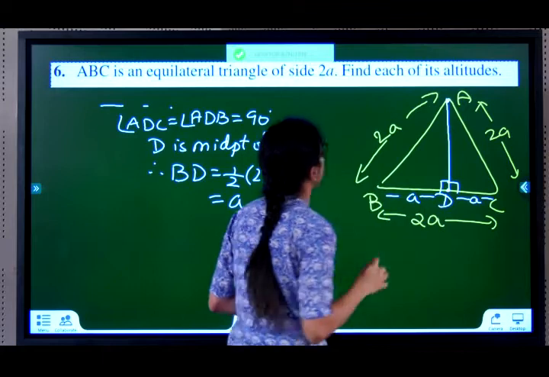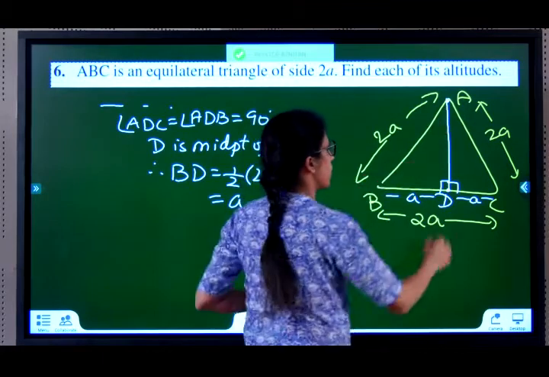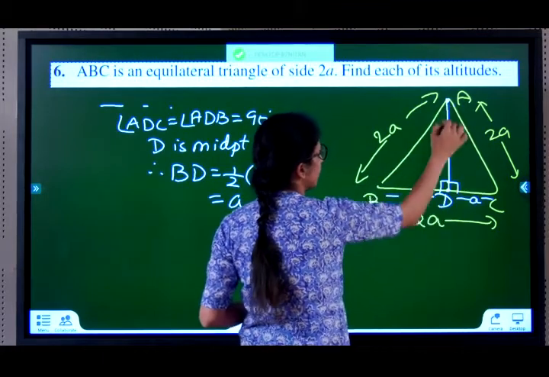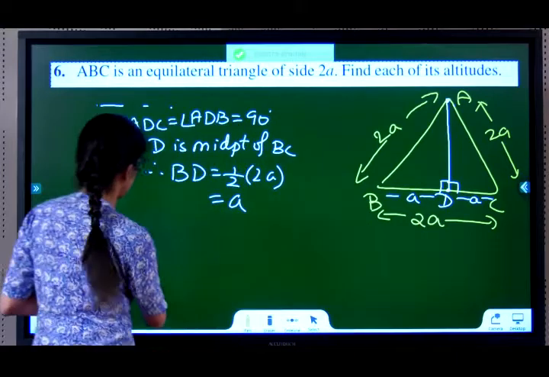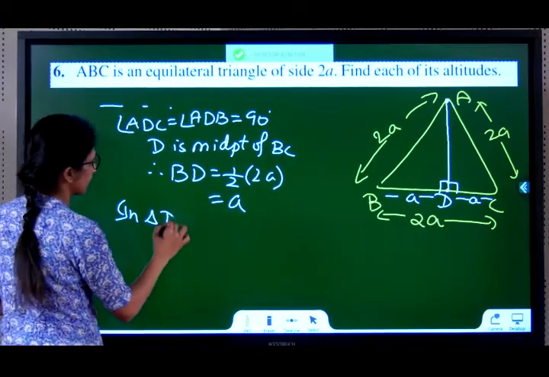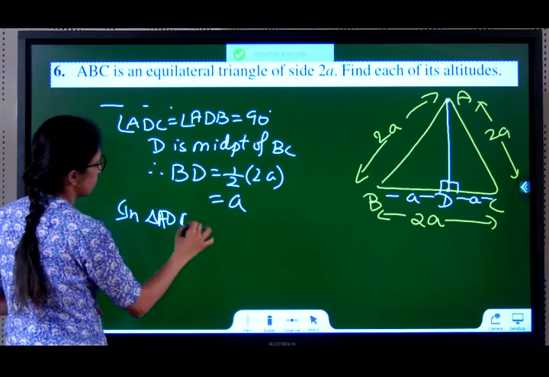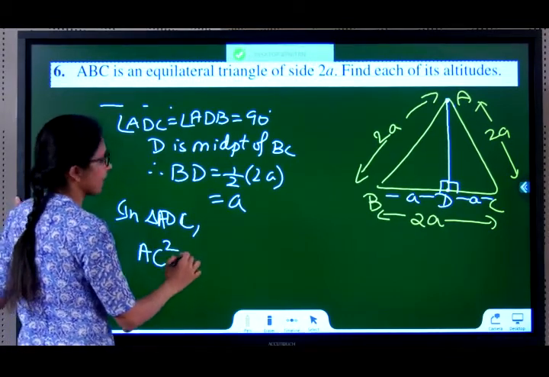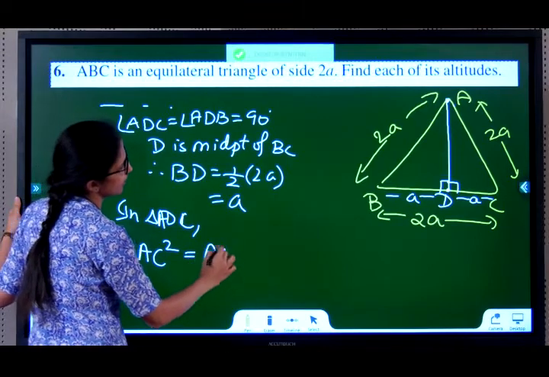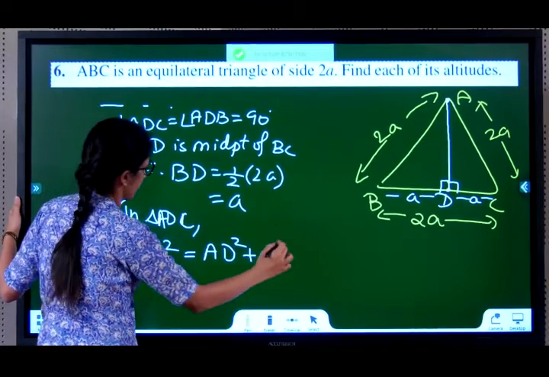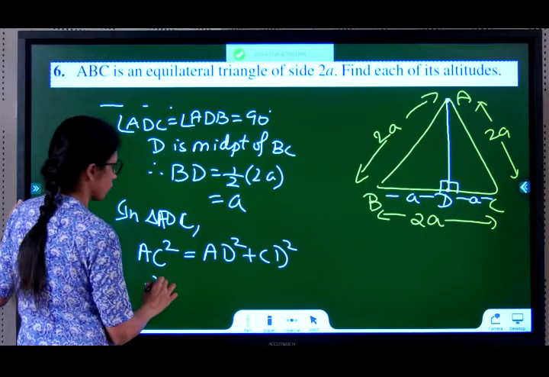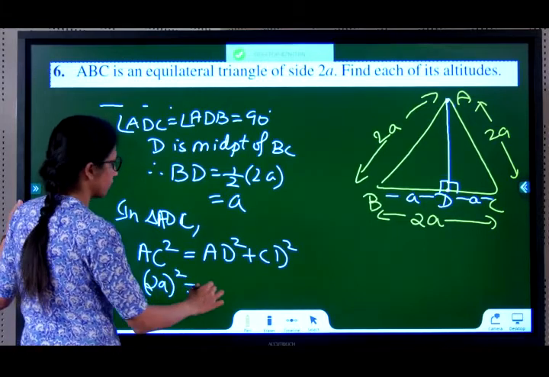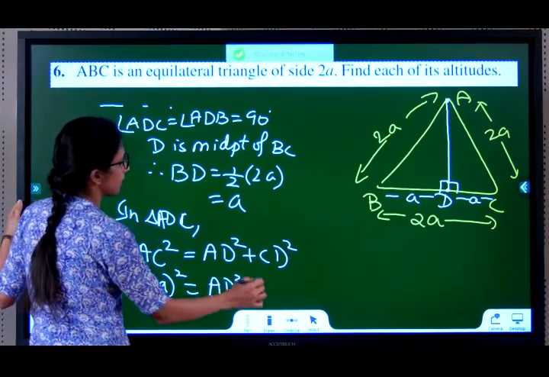Fine. They want to find out the length of the altitude. So we can take any one triangle. I will take triangle ADC. In triangle ADC, whose right angle? D. So, can we apply Pythagoras theorem? Hypotenuse is AC. AC square is equal to AD square plus CD square. AC square is 2A the whole square is equal to AD square plus CD square.